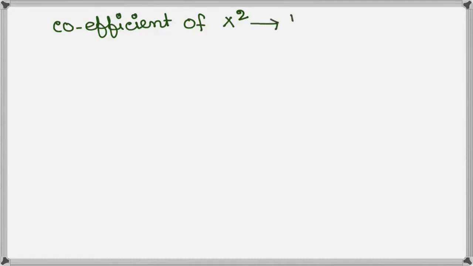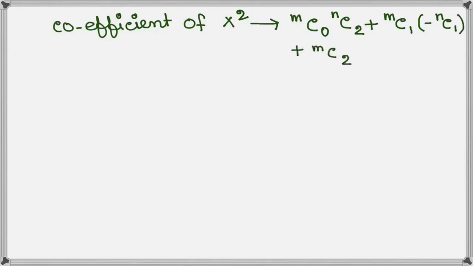This is mC0 into nC2 plus mC1 into minus nC1 plus mC2 into nC0.